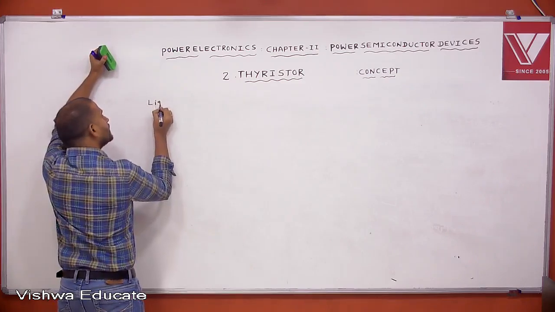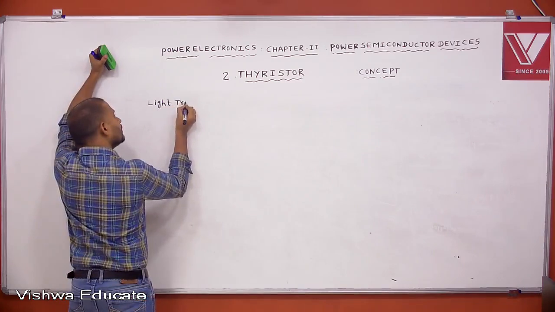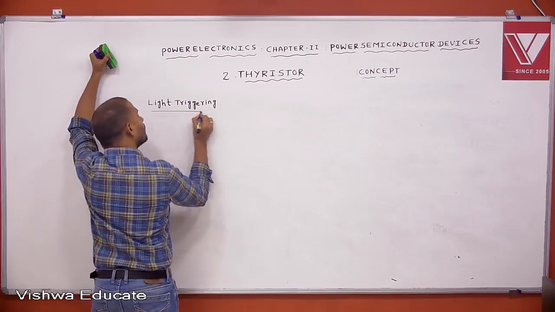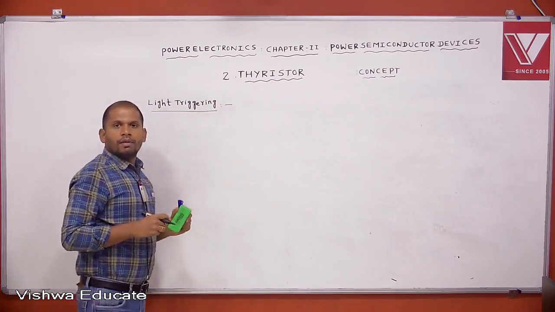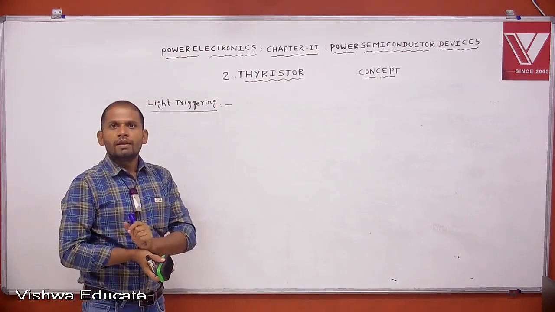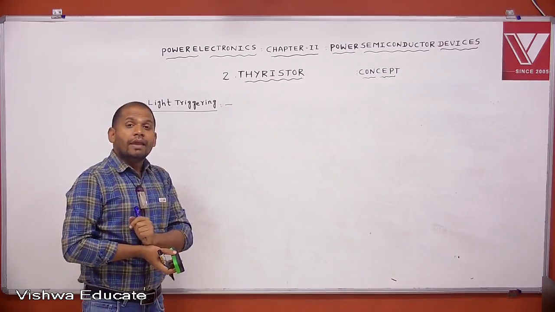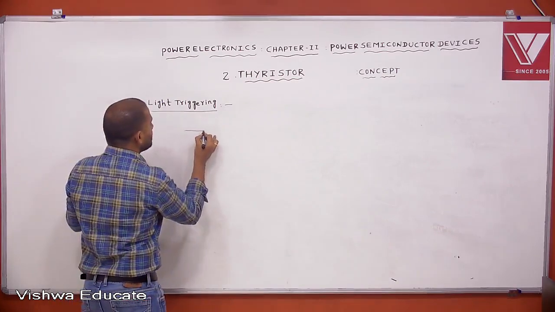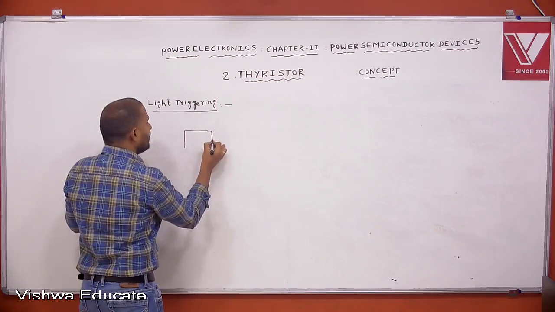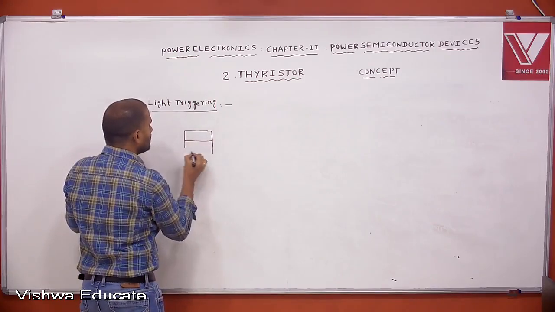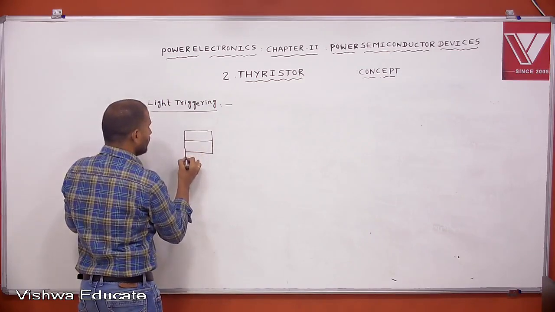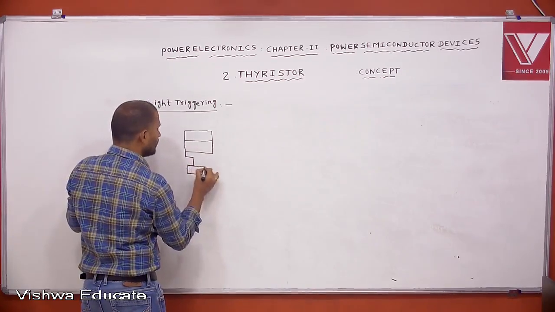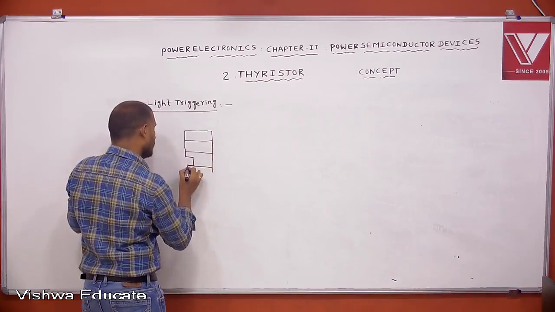Concentrate on the light triggering method. Light triggering means a control light is allowed to fall at the J2 junction.